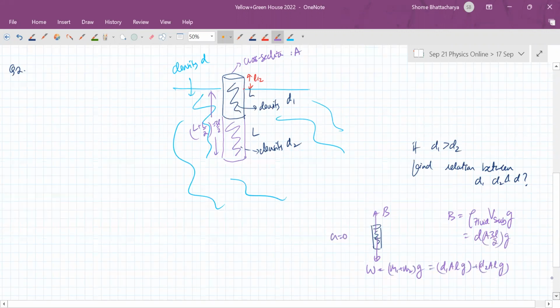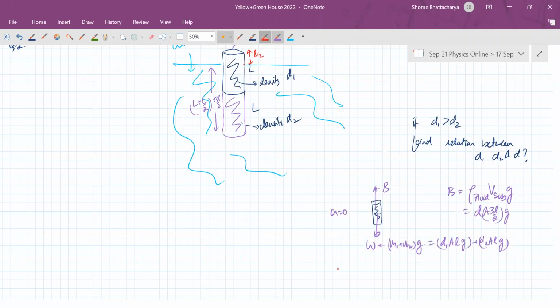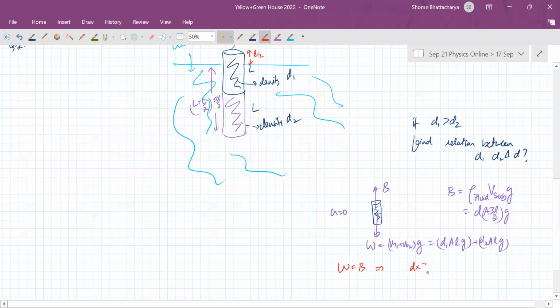So ultimately, by balancing the forces, the weight is balanced by the buoyant force, we see that D into 3L by 2 will come out to be D1 into L plus D2 into L. In fact, L is also cancelled out. On simplifying this equation, we'll see that 3 by 2 D is equal to D1 plus D2.